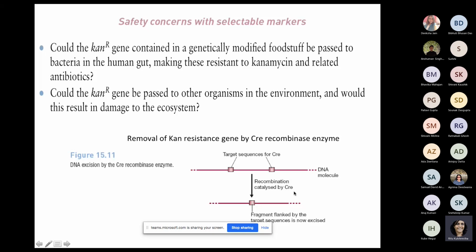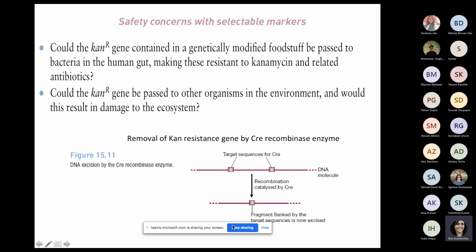So in the transgenic plant, you also add this Cre recombinase gene, and this gets expressed, and then it recognizes these sequences and removes the intervening sequence.